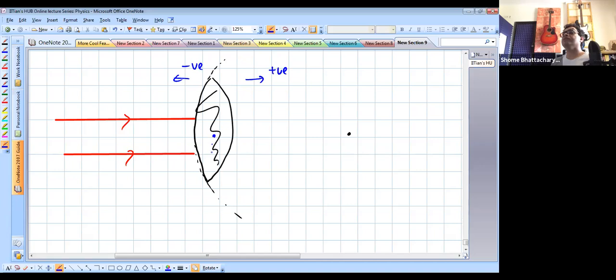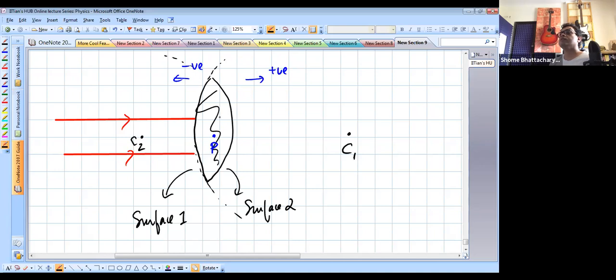Let's say the thickness of the lens is a few millimeters, so it is very small compared to the radii. Our language will be like this: light is hitting this surface first, so this will be taken as surface 1, and this will be our center of curvature C1. Light then hits the second surface, so the second center of curvature will be the center of curvature of this surface, C2.